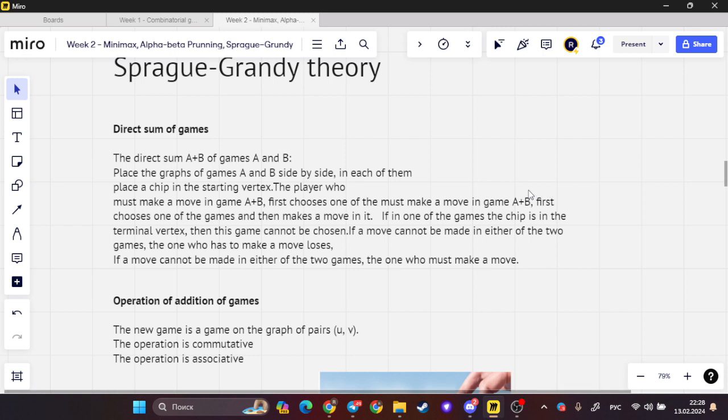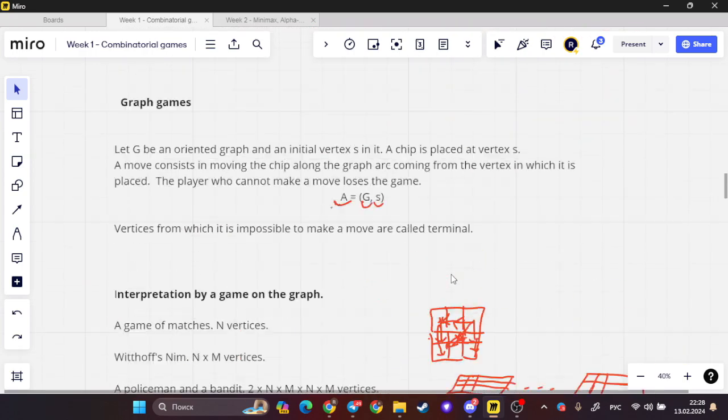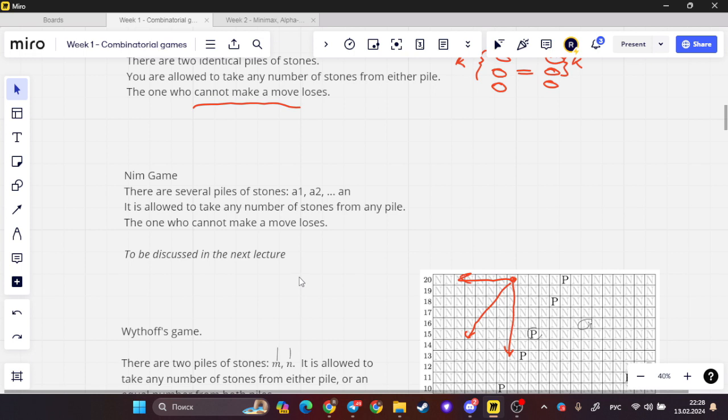Next is Sprague-Grundy theory, and why is it useful for us? Because in the previous lecture I considered NIM games, and I said that this NIM game will be discussed in the next lecture.